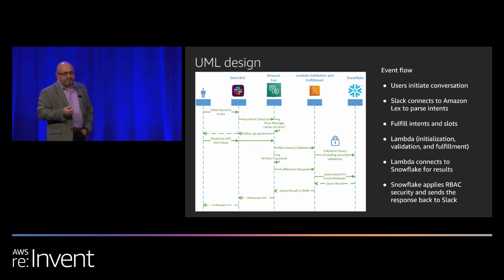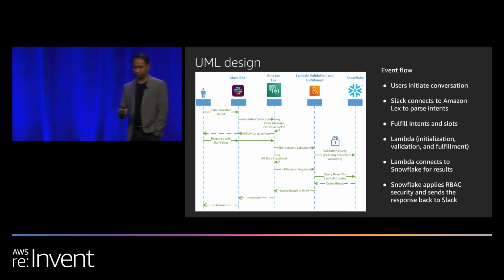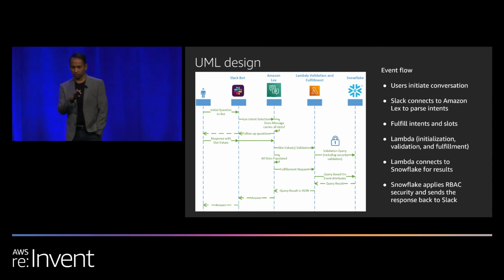A couple of things I want to call out here. This is the data flow, how the user initiates the question and how the response comes back. But when we built the POC, we were debating between should we build one bot or multiple bots, or how do we set up intents? Should we have one intent for sales performance versus another intent for something else?